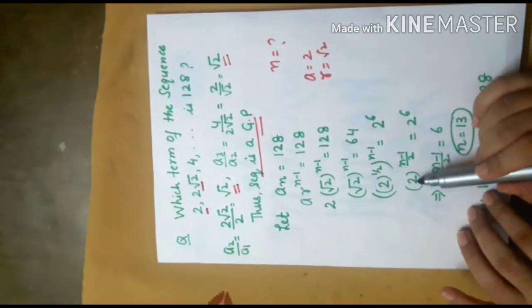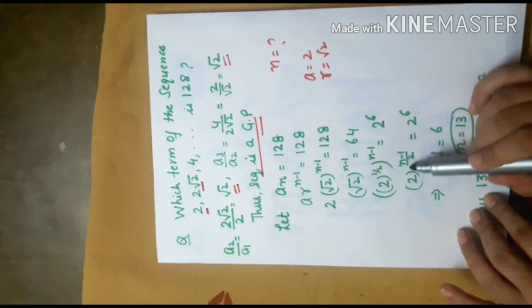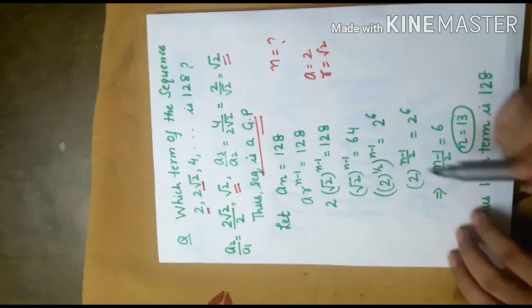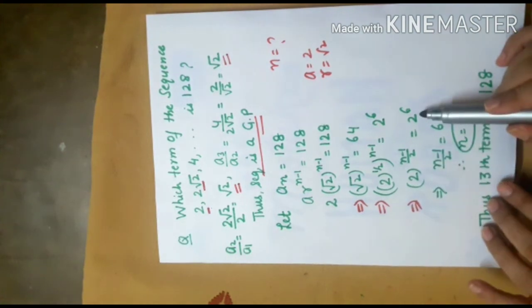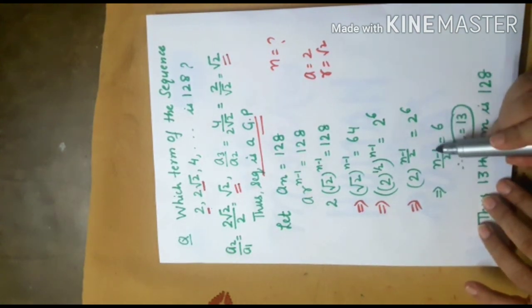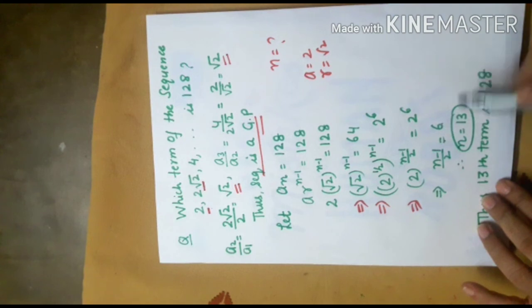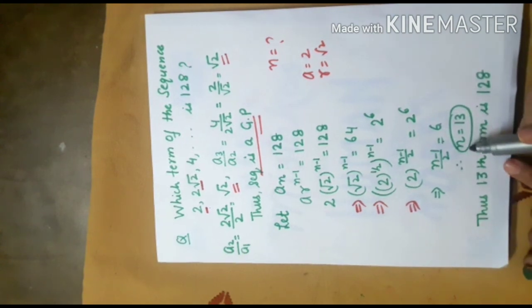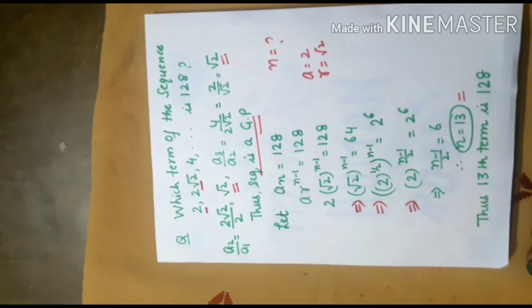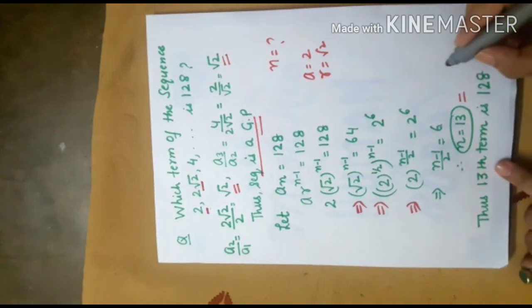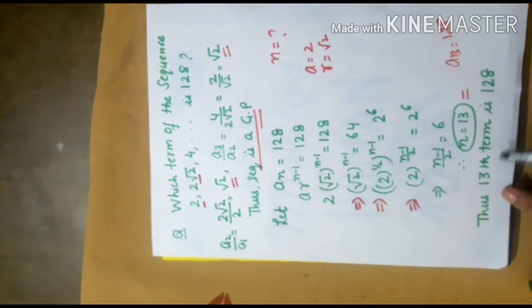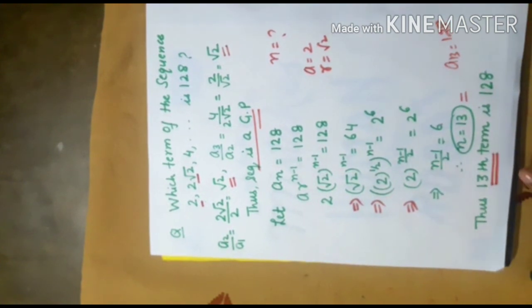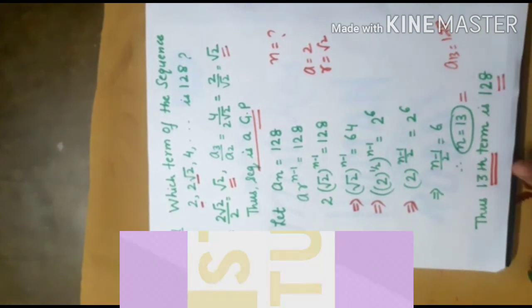So I have obtained 2 raised to the power n minus 1 over 2 equals 2 raised to the power 6. Now on comparison, this will imply n minus 1 over 2 equals 6, and from here I'll get n equals 13. So that means a13 is equal to 128, that is the 13th term of the GP is 128.